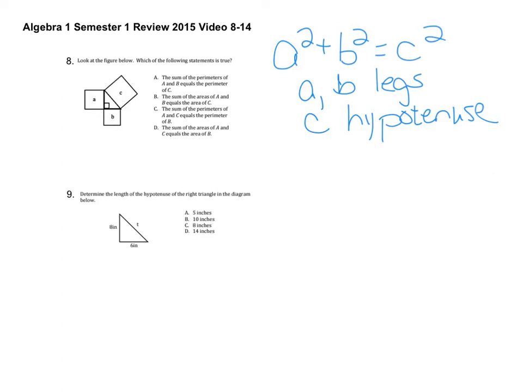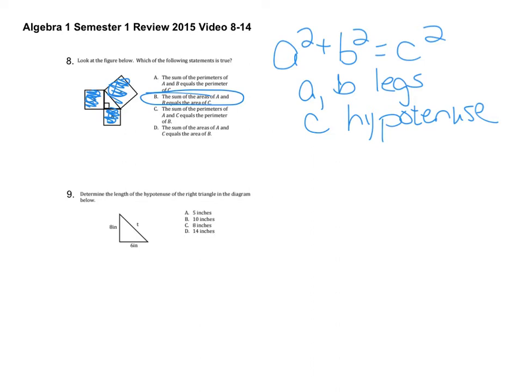No. If you'll recall, we did a little hands-on thing, a little puzzle, where we did the areas, right? This is A squared. This is B squared. This is C squared. So it's the sum of the areas of A and B. We found the areas of the squares, we added them up, and that equaled the area of C.